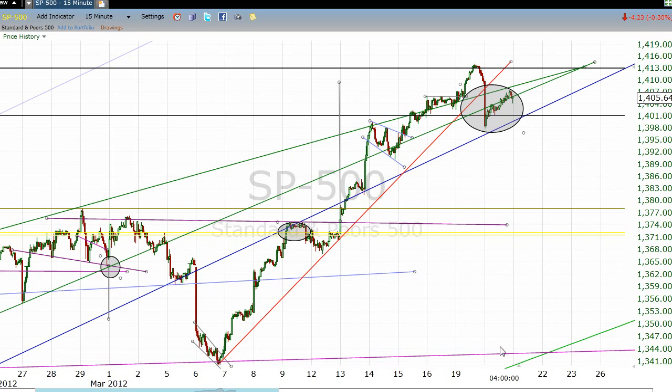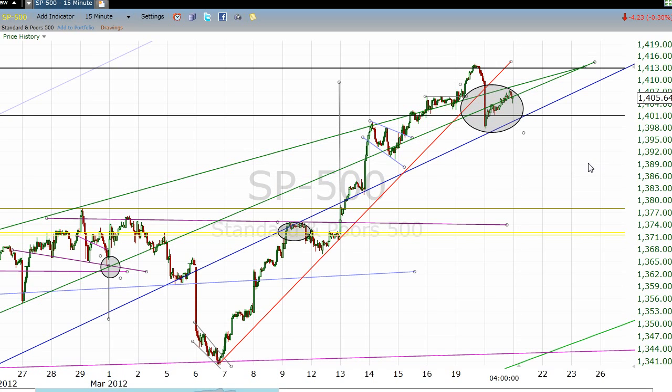It's almost humorous. It happened back here around the 9th. And now it looks like we came down to the bottom of the circle, came up to the top of the circle, and that's about where we closed.